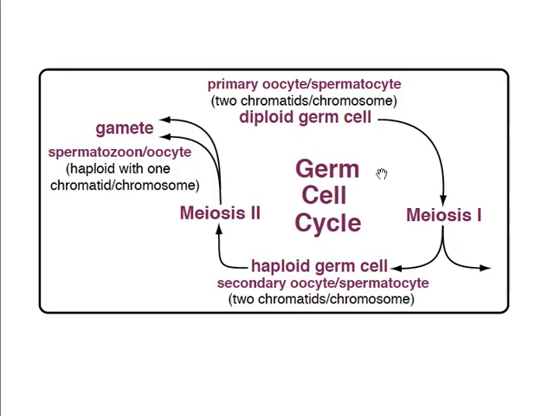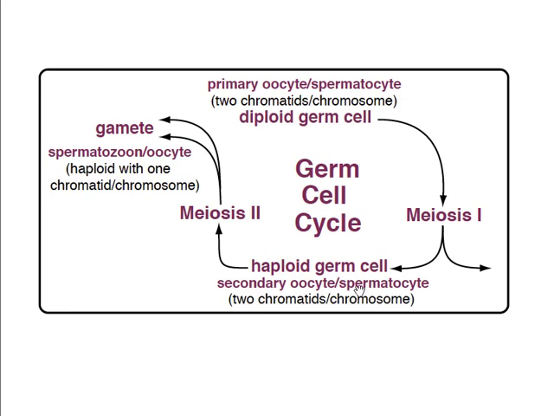This diagram shows the cycle of a germ cell, which is capable of producing genetically unique gametes. It does so through meiosis, which is a two-stage process. It begins with a primary oocyte or spermatocyte that is a diploid cell, and then following meiosis 1, we end up with secondary oocytes or spermatocytes, which are haploid germ cells.